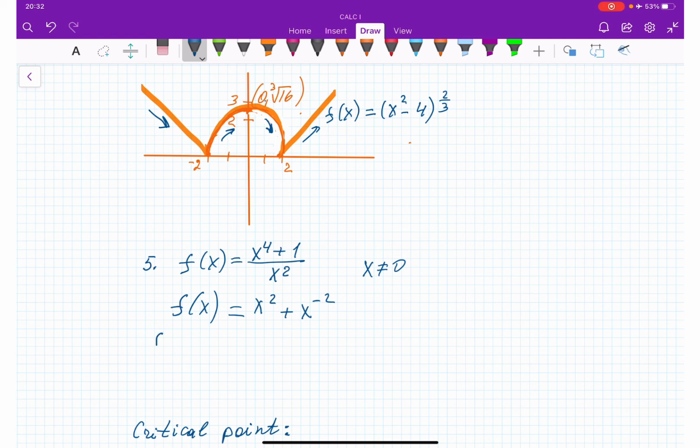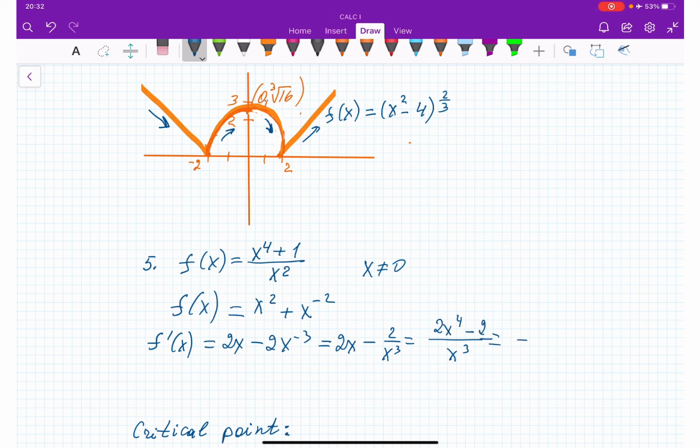So f prime of x is going to be equal to x minus 2x to the power negative 3, right? Which is going to be equal to x minus 2 over x cubed, which is going to be x cubed here. I will have 2x to the 4 minus 2.